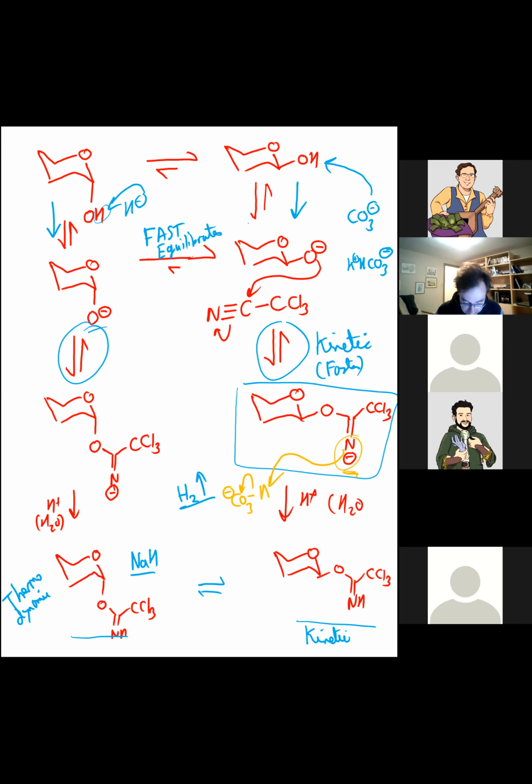So what's happening here is we're kinetically trapping the kinetic product. We're making this guy first, and then it's snapping up that hydrogen and making this product before we're adding the water.